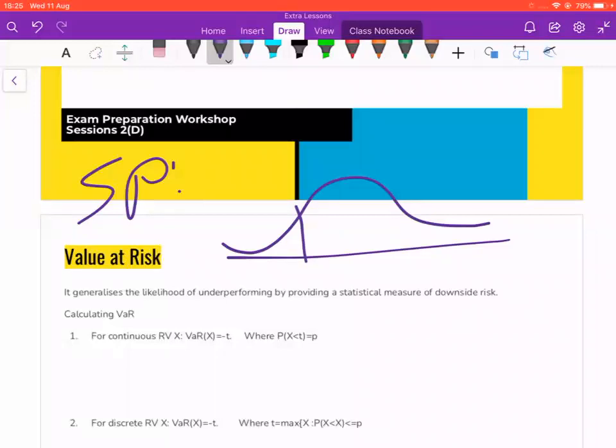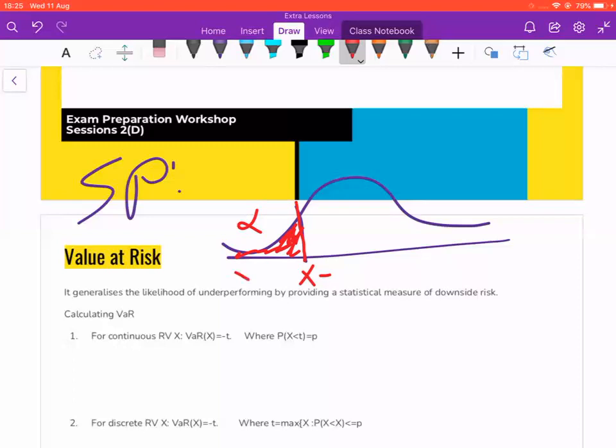So if this area over here is your alpha, this wall over here, which blocks it, the value that you find is your VaR. It is what we call VaR, the amount we are sure we cannot exceed.